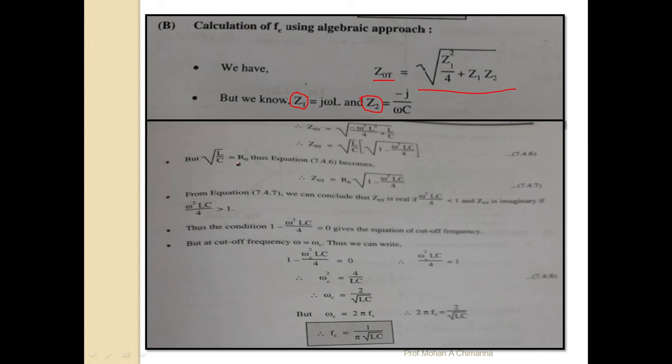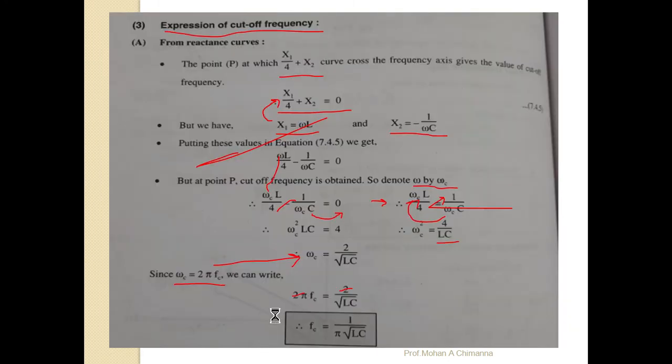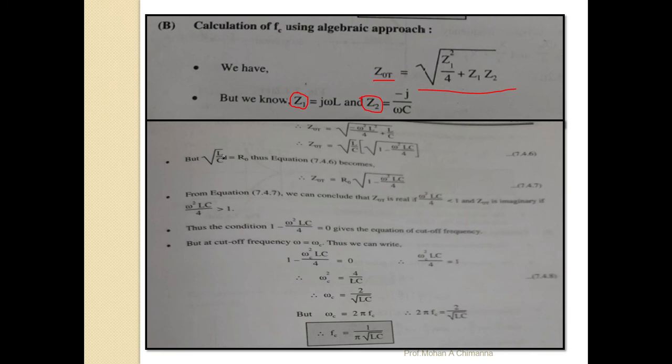We know that R0, the design impedance we have calculated, is equal to root of L upon C. So ZOT is equal to this root of L upon C, represented by the design impedance R0, times the under root of 1 minus omega square LC by 4.